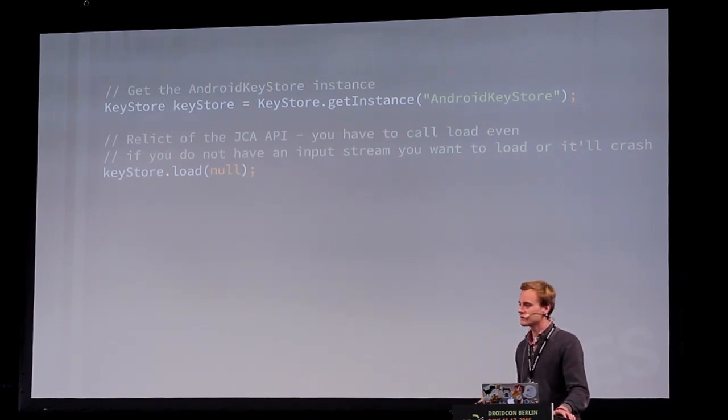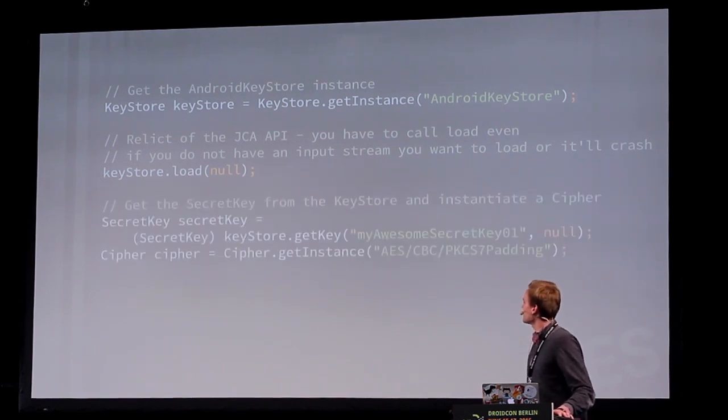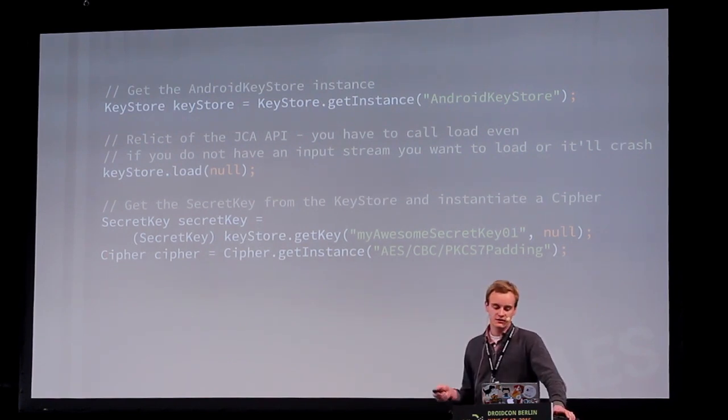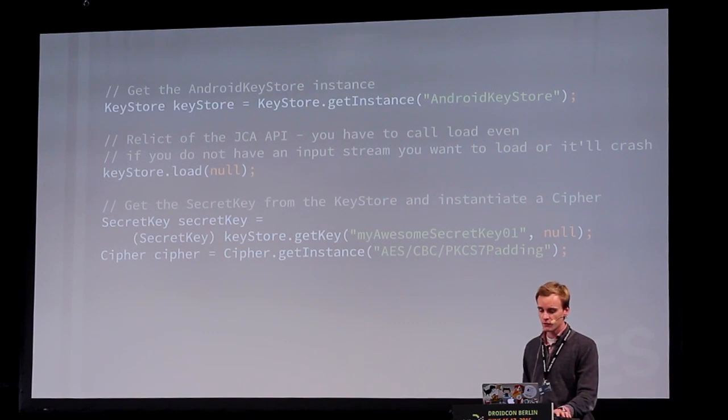But yeah, this is the API of the JCA. And then we get the secret key from the keystore and instantiate a cipher. So we say secretKey, keystore, getKey, my awesome secret key, and after that, we get the instance of our cipher with the parameters we specified in our builder.